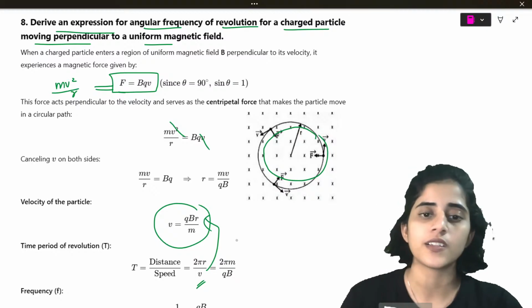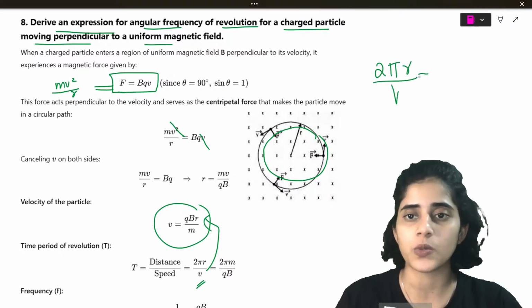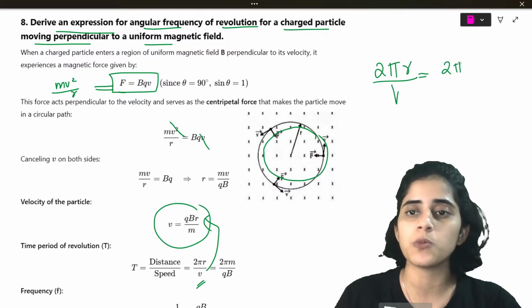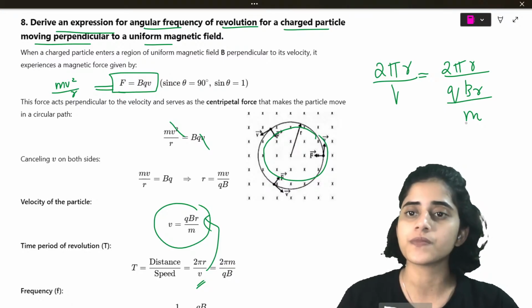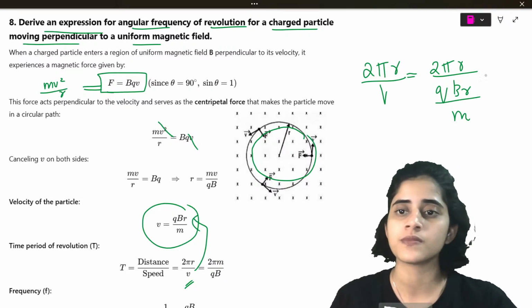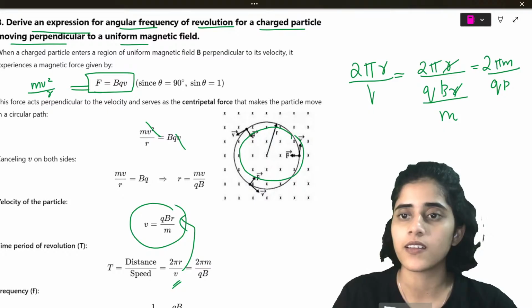So 2 pi r divided by QBr by m. R and R will cancel, giving 2 pi m by QB.